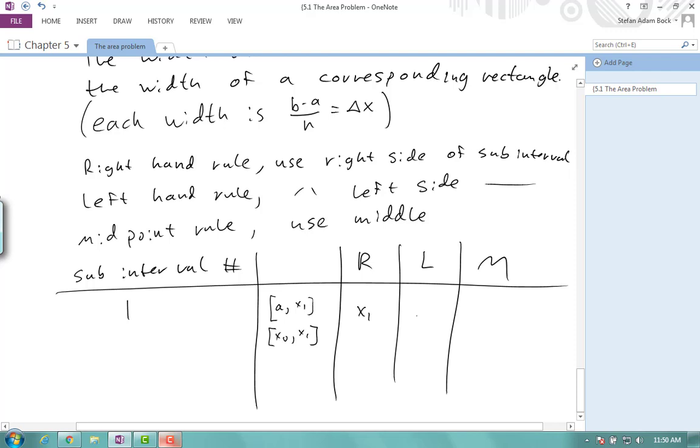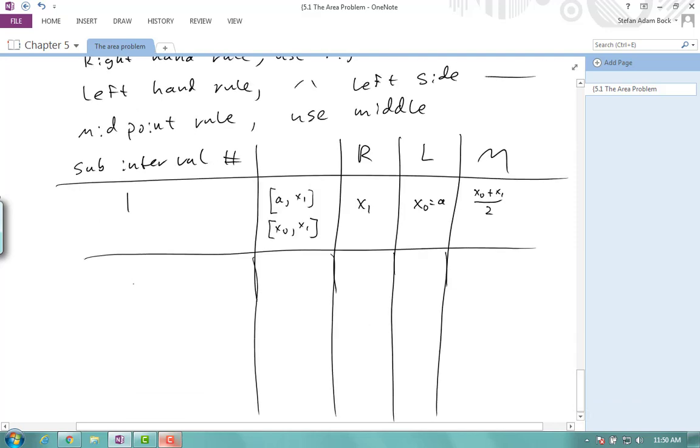If I'm doing the left, I'm going to use x sub 0, which is equal to a, and if I'm using the midpoint, I would use (x sub 0 plus x sub 1) divided by 2. Subinterval number 2 is going to be x sub 1 up to x sub 2, the right-hand side of that is x sub 2, left-hand side is x sub 1, and the midpoint is (x sub 1 plus x sub 2) divided by 2.